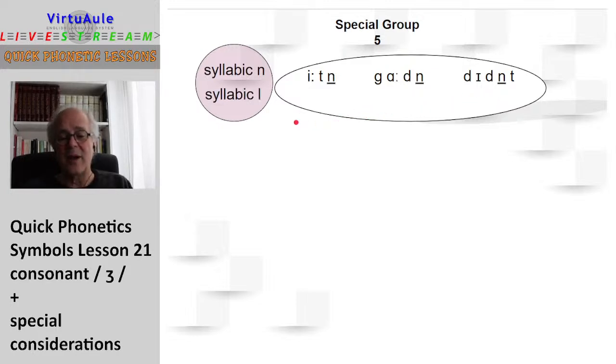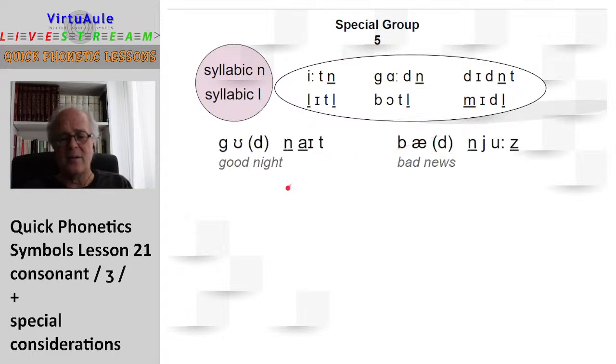We also have the syllabic l, like the word little, bottle, middle. All right, let's try some of these together. You'll actually hear them also between words.